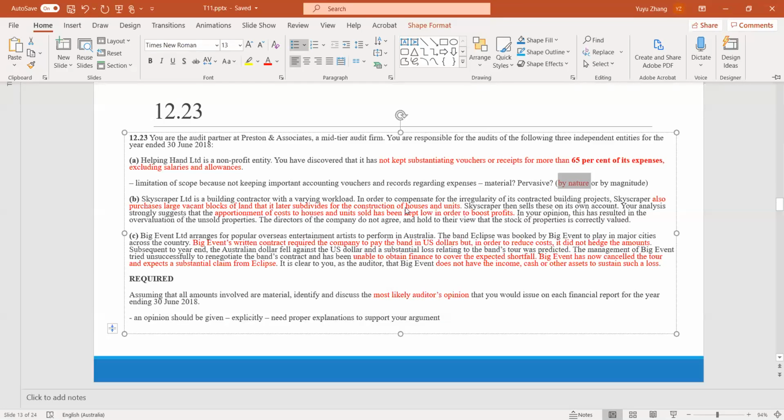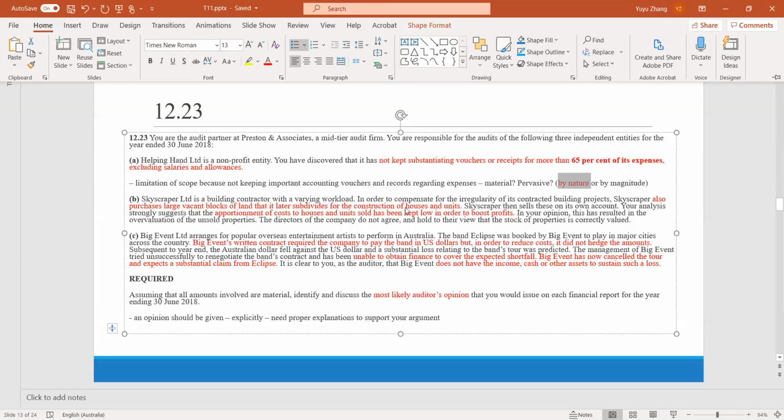So actually, those expenses are the major activities of this organization. Is that right? So 65% missing records on those important expense items, by nature and also by quantity, would be not just material and also tends to be quite pervasive.